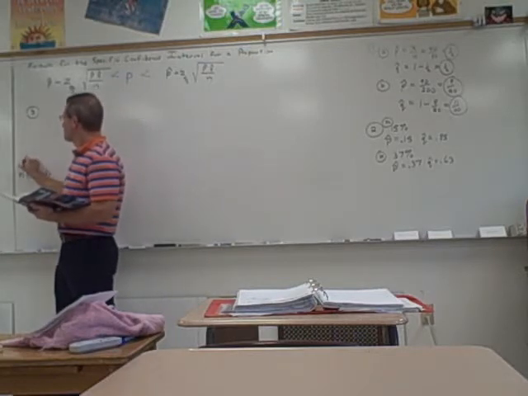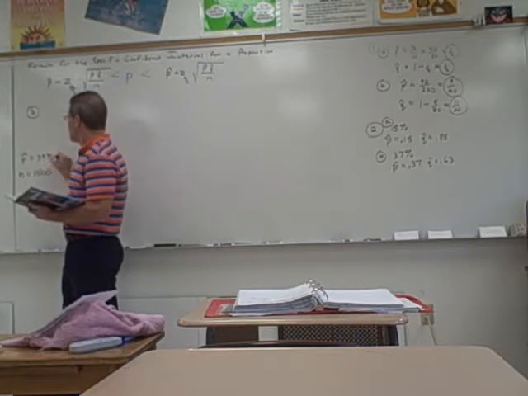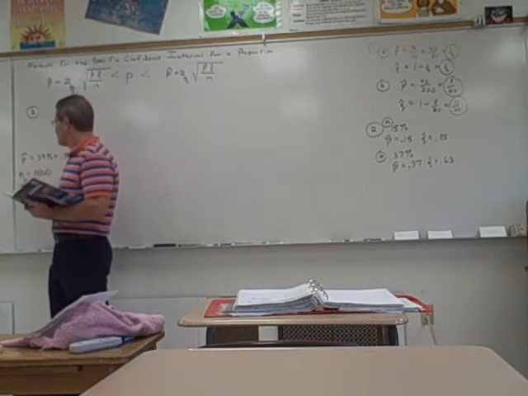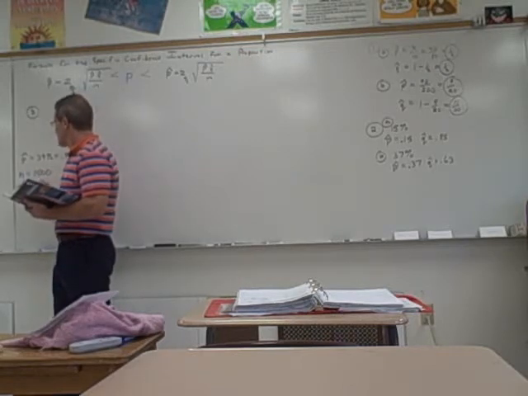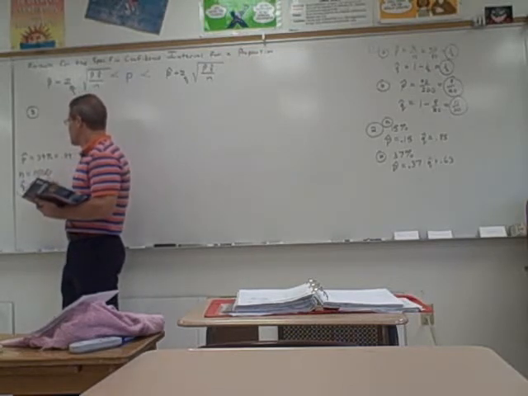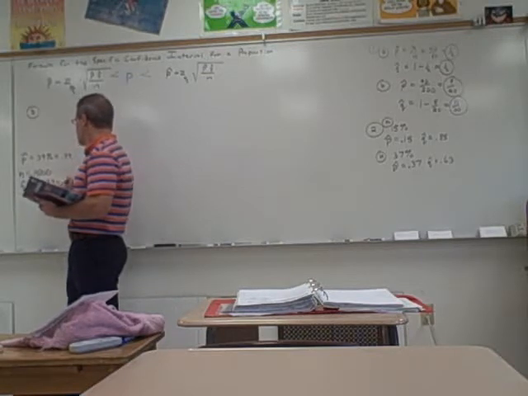That's your p hat, 39%, which is 0.39. So q hat would be 1 minus 0.39, or 0.61, 61% in other words.